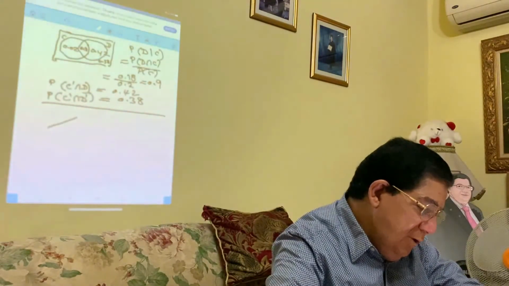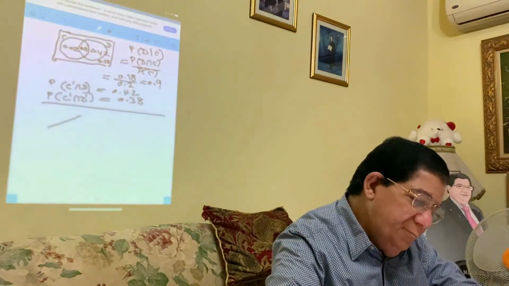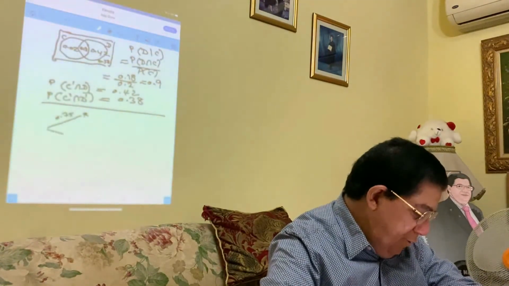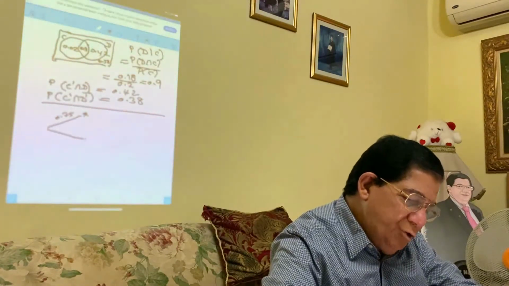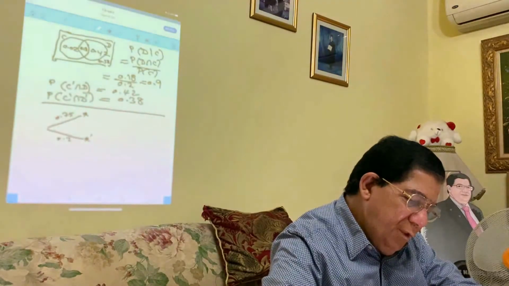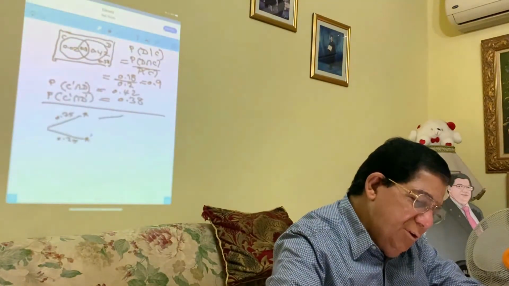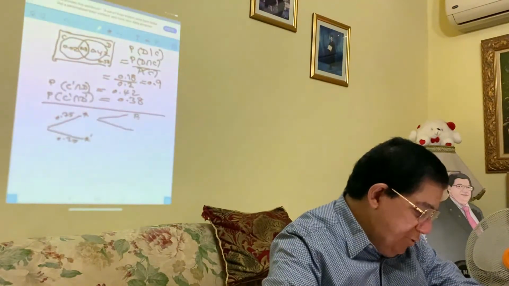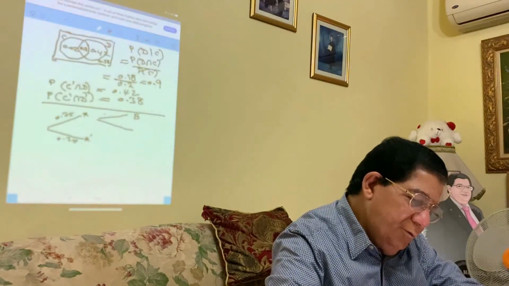Therefore, it will rain 0.75. It will not rain, we call it R dash, 0.25. If it rains, the probability of big attendance is 0.4.